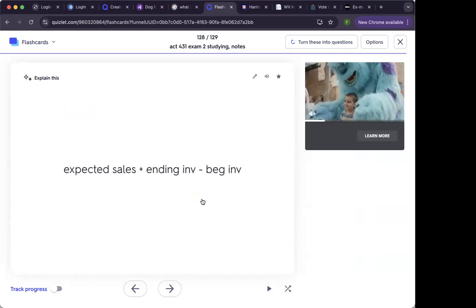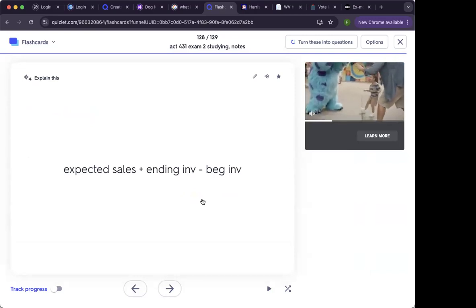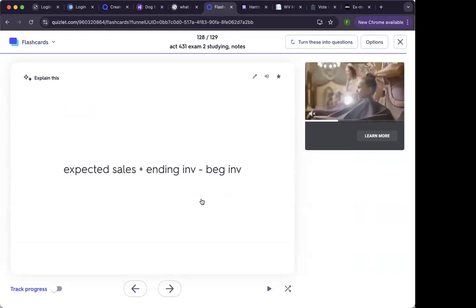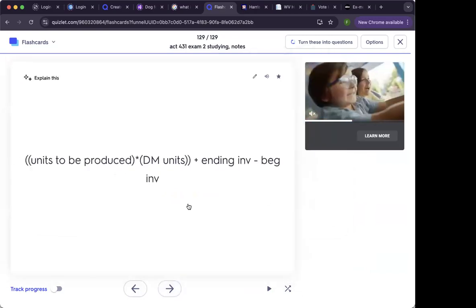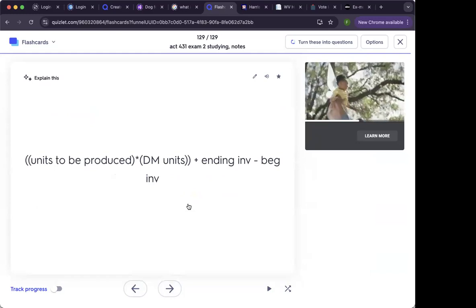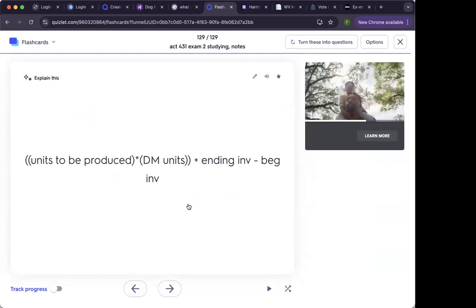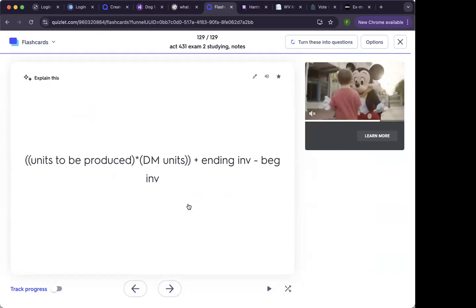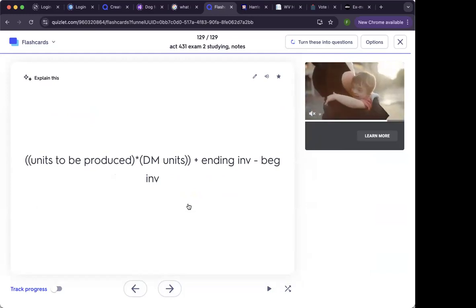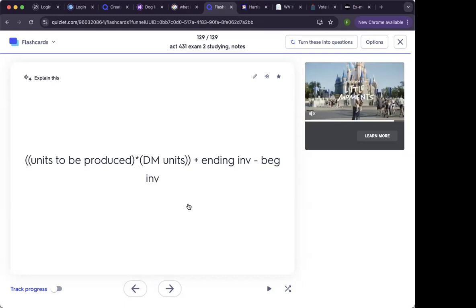Expected sales plus ending inventory minus beginning inventory. And direct materials purchasing budget: units to be produced times direct materials in units, plus ending inventory of DM minus beginning inventory of DM.